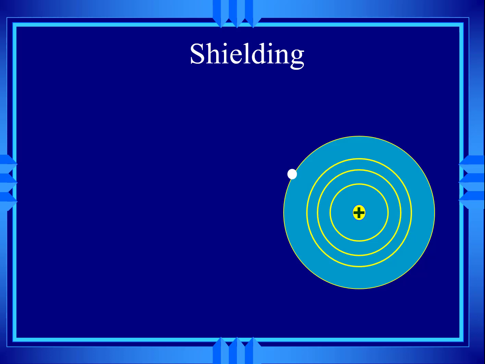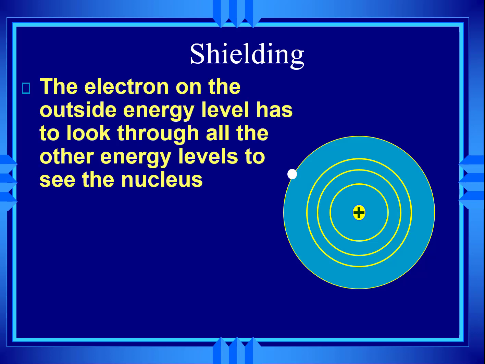How does it protect you? Well, when somebody is swinging an axe at your head, you're hoping the shield gets in the way. That's basically what happens here. The electrons get in the way. This is a potassium atom. I can tell because it has 4 energy levels and 1 electron in the 4th energy level.